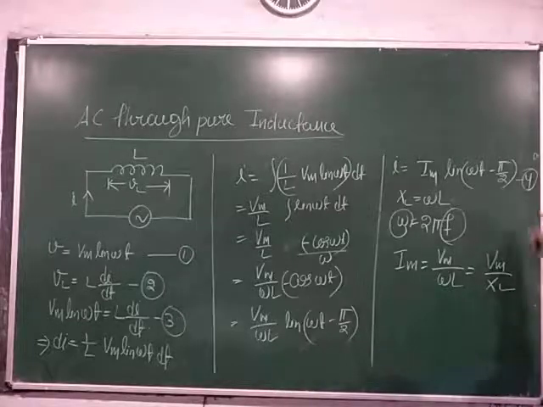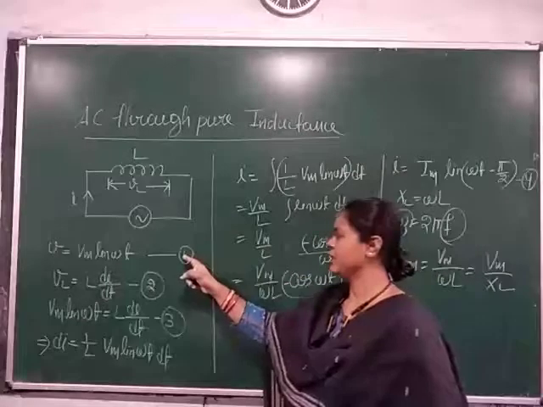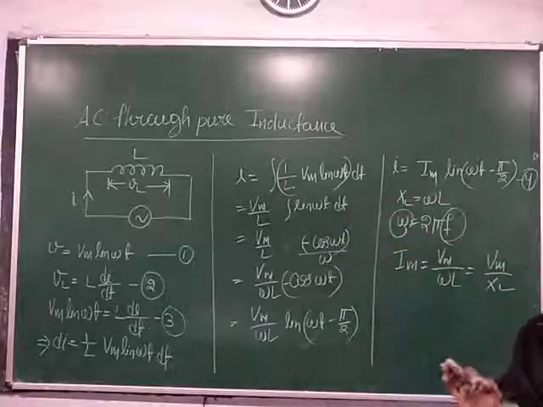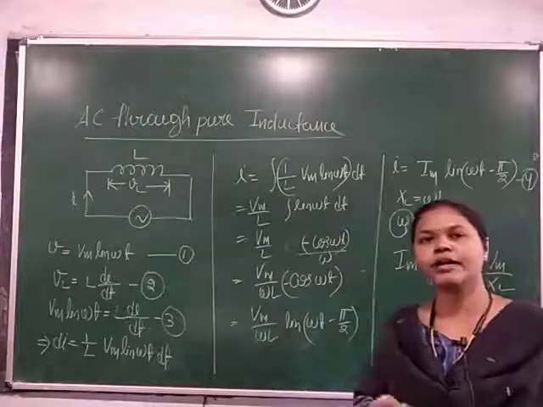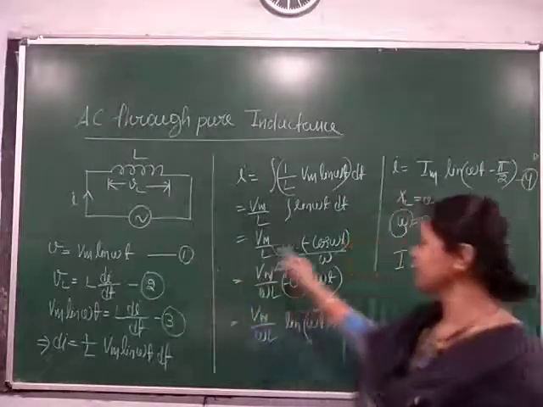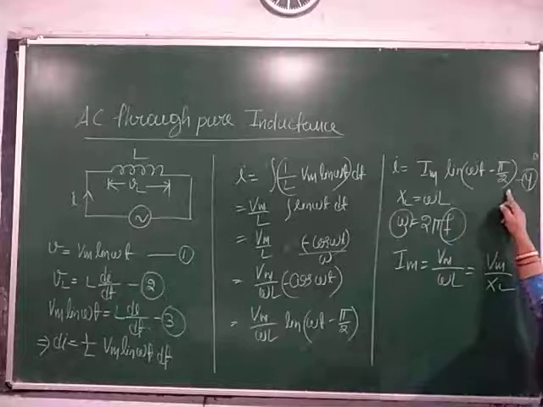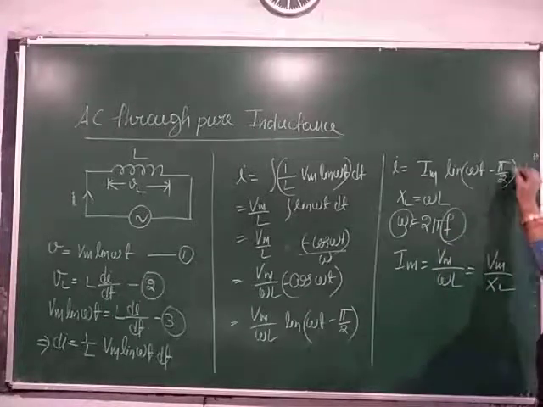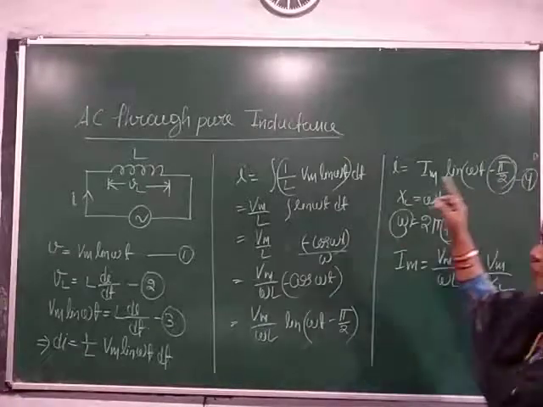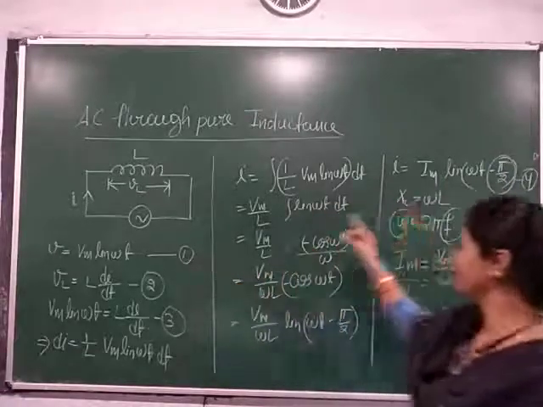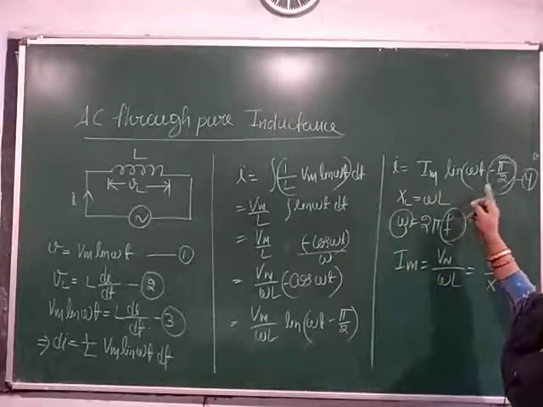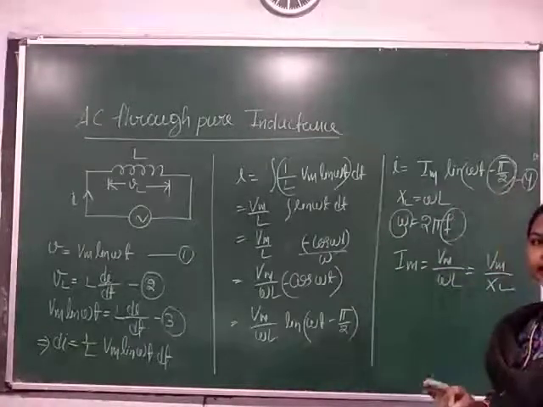So if you compare equation 1 and equation 4, you come to the conclusion that the current lags the voltage by an angle of 90 degrees, or the voltage leads the current by 90 degrees.